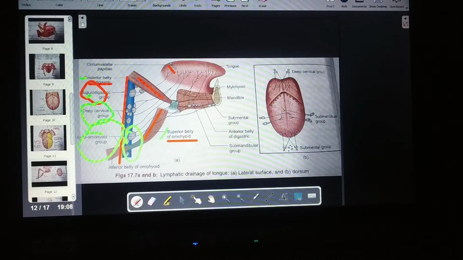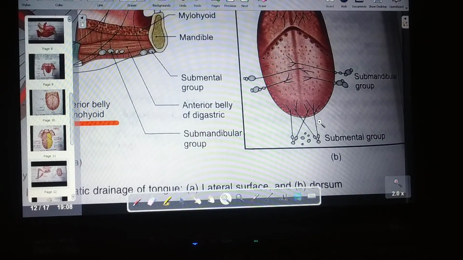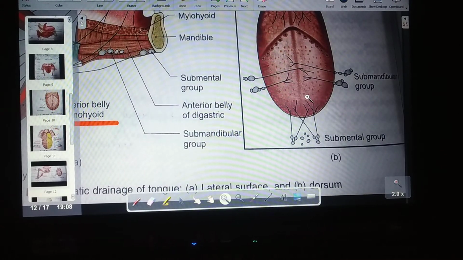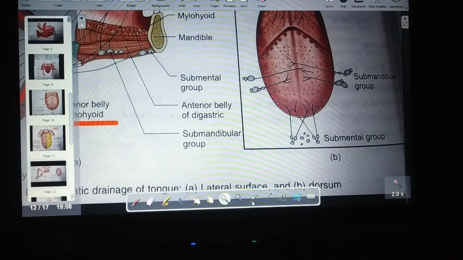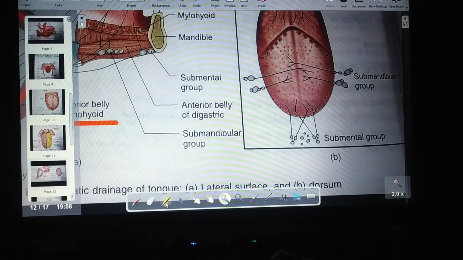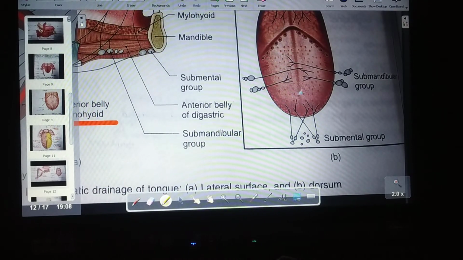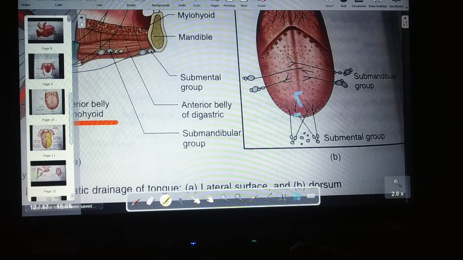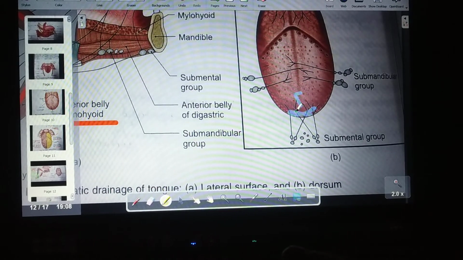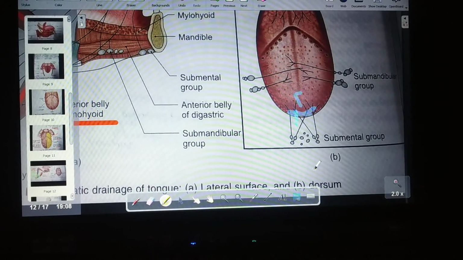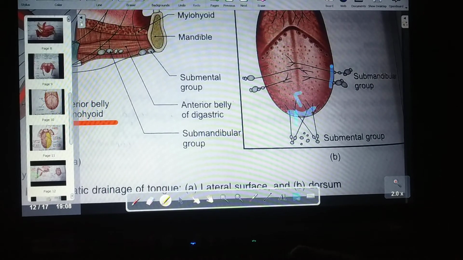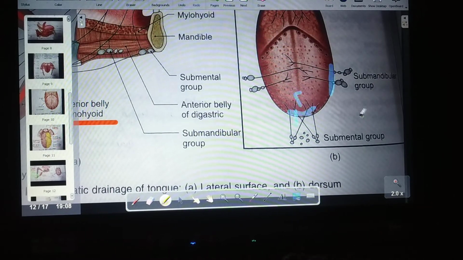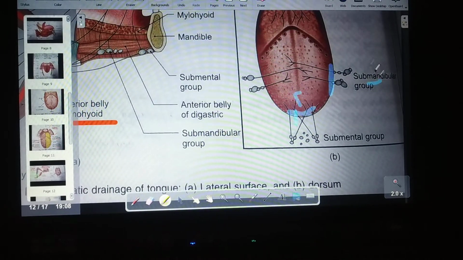This is a good diagram, as this diagram will help you. If I talk about the anterior part, the anterior one will drain directly into submental. If I talk about here, they will drain directly down. There are submental group of lymph nodes. The side one will drain directly into the submandibular group of lymph nodes.